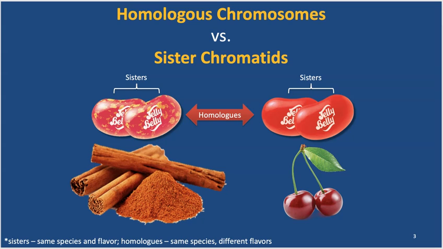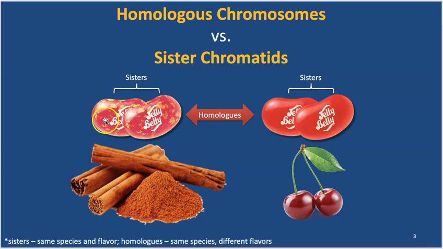So in this case, I would say that the homologs, or the homologous chromosomes, are the two flavors. So we've got a cinnamon, we've got a cherry. They're the same species, they are jelly beans from Jelly Belly, but they have very different sets of characteristics. So different sets of genes.